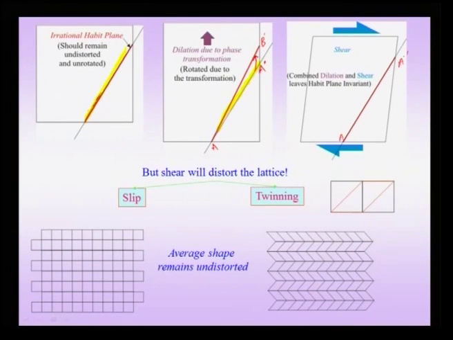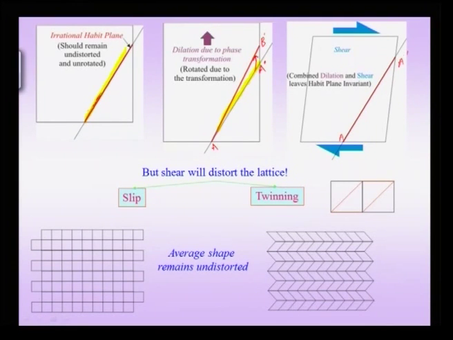Of course, this leaves the plane A prime undistorted, therefore I get my invariant plane strain condition. But the problem is that if I shear my crystal as such, I land up with a lower symmetry crystal, but this is not observed. Therefore, how is this shear accommodated? By two processes typically: one is by slip or twinning.